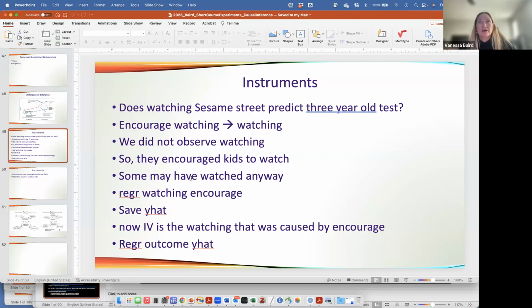And so they want to know the difference between, if we encourage parents to allow their kids to watch Sesame Street, what difference would that encouragement make? And if you hearken back to day 1, time 0, when we started this class, one of the things that we might be most interested in as social scientists is, do policies make a difference?